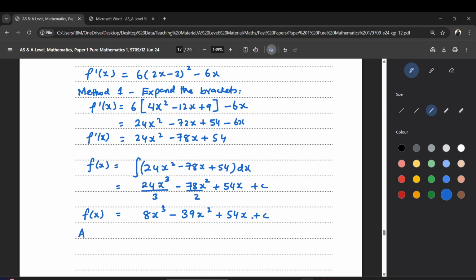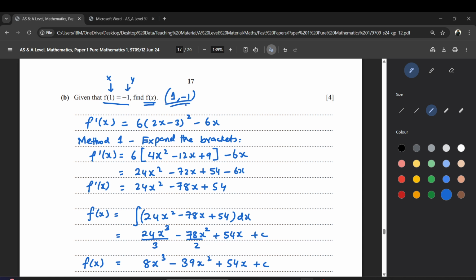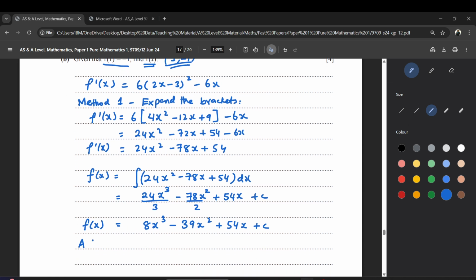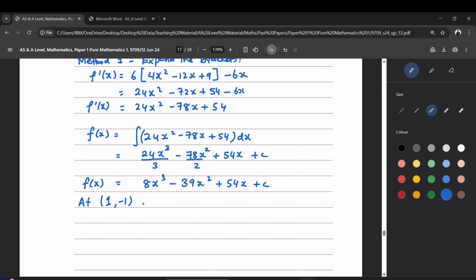So now in order to find this constant, this is where we are going to use this coordinate that is given to us. So I'm going to write down that at (1, minus 1), that means minus 1 is equal to 8 times 1 cubed minus 39 times 1 squared plus 54 times 1 plus c.